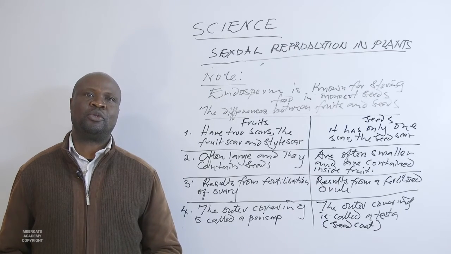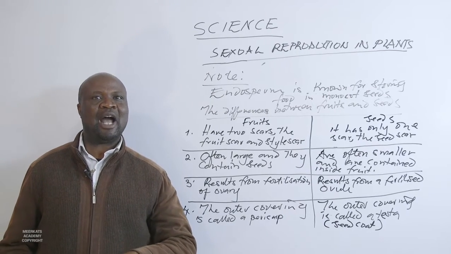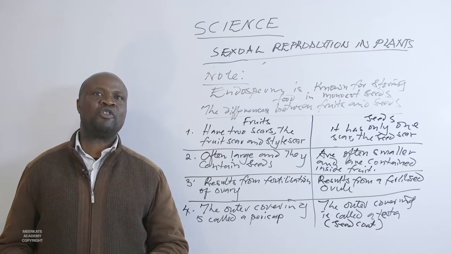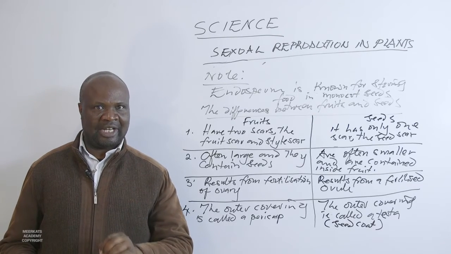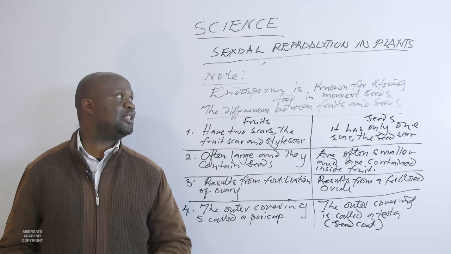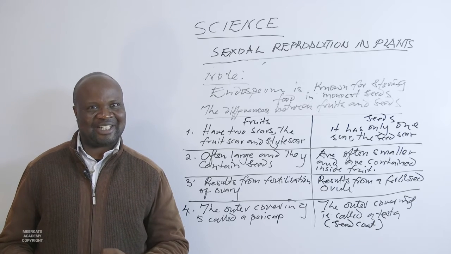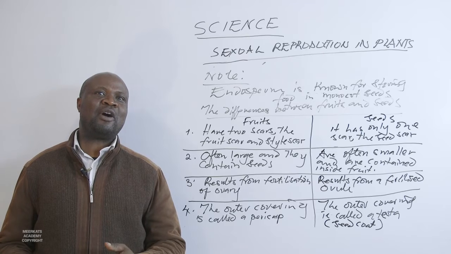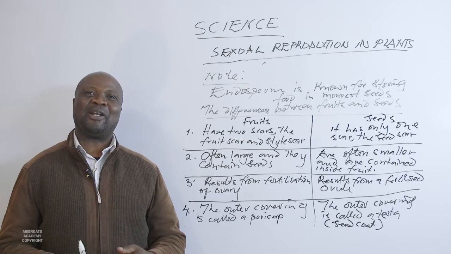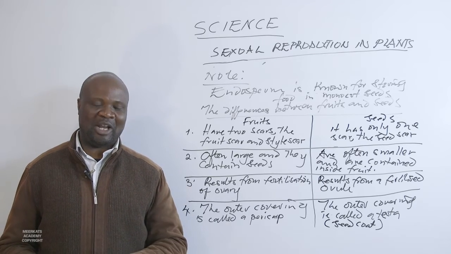We are going to stop here, but in our next lesson, we are going to have close to 10 questions. The 10 questions will test our memory: have we understood what reproduction in plants is all about?